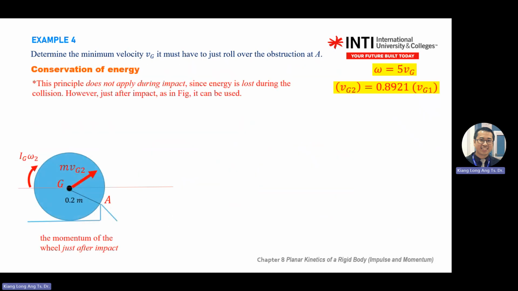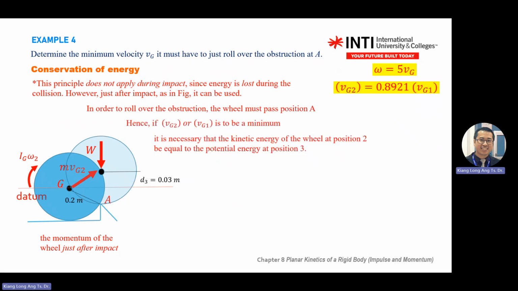Conservation of energy, you can still also apply, but it does not apply during the impact because energy is lost during the collision, but just after the impact, you can use it.